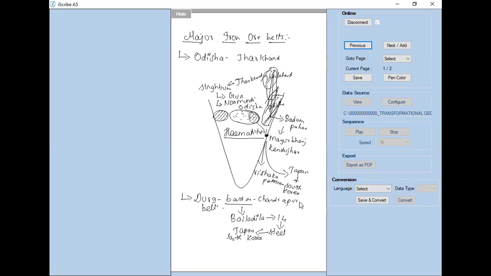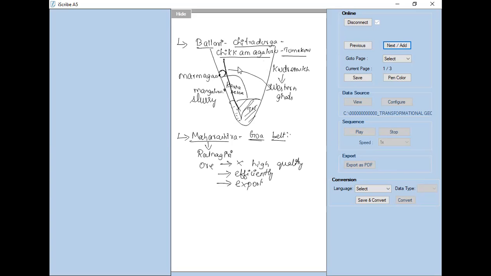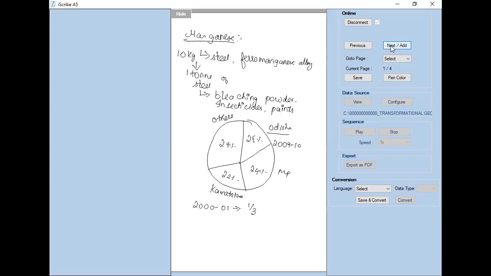Durg, Bastar, Chandrapur belt, in Odisha and Maharashtra. Bellary, Chitradurga, Chikmagaluru, Tumakuru belt, in Karnataka. And the belt found in Goa and Ratnagiri district of Maharashtra. These are the major iron ore mines.